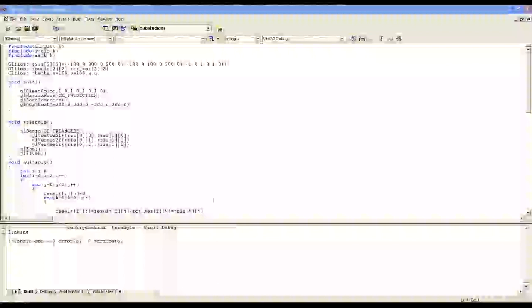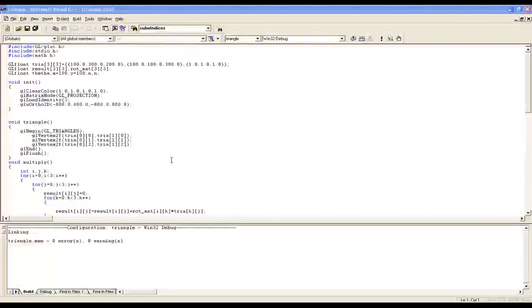Now we shall see the output of this program, where I will be drawing a triangle, and the triangle will be rotating from the origin by some degree, and will be rotating about a fixed point that we have given. Here the fixed point that we have given is 100 comma 100.